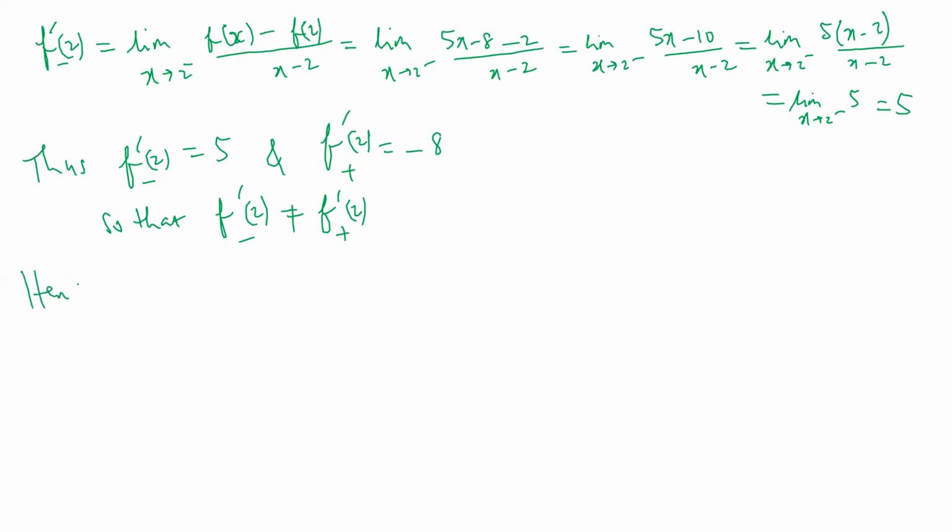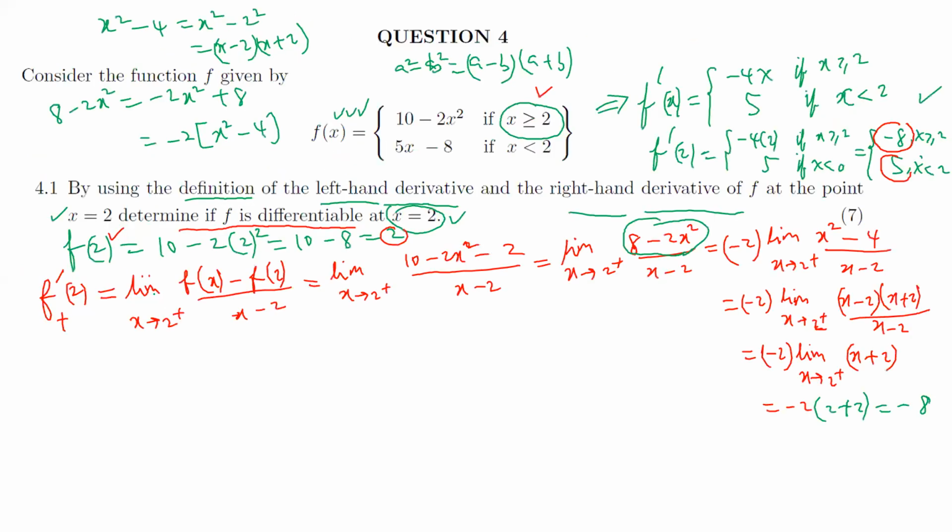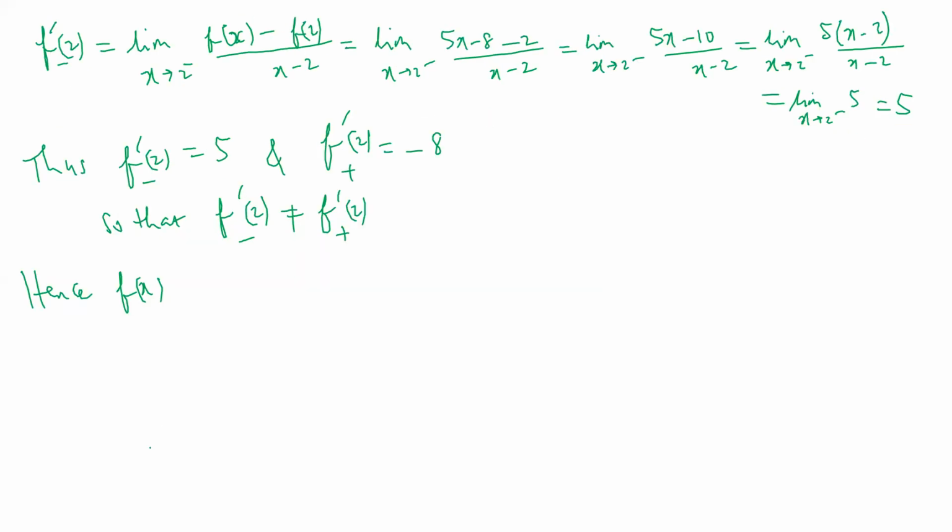Hence, determine if f... So the very correct language we can use here is to say the function f, because the function is a set. So the very correct language would be to say, hence f is not differentiable.